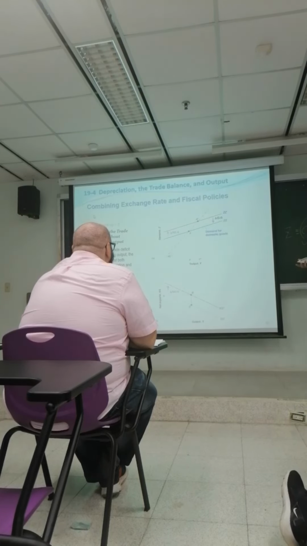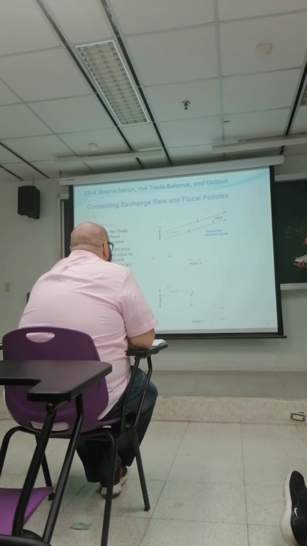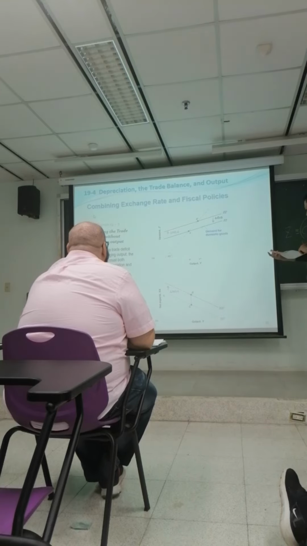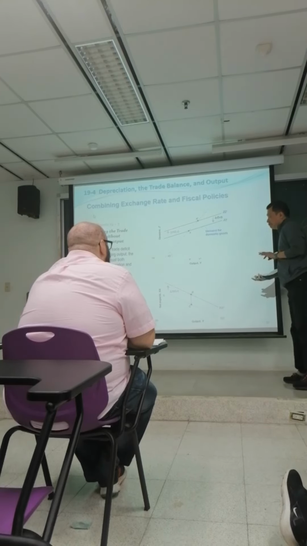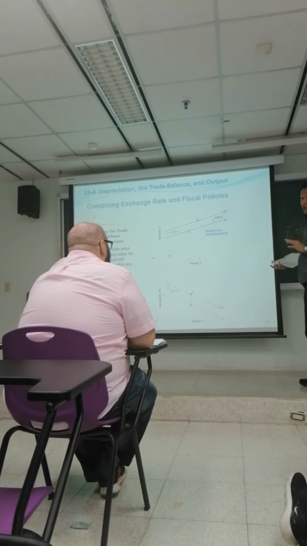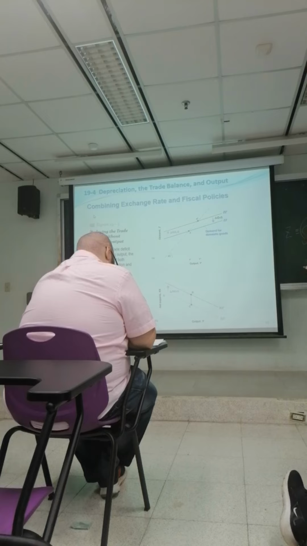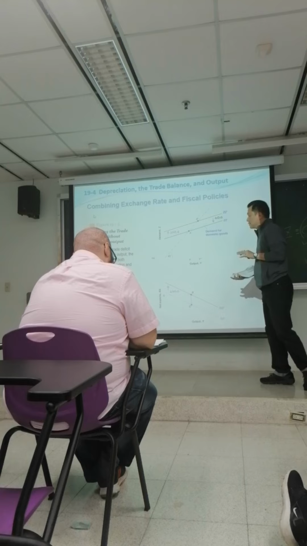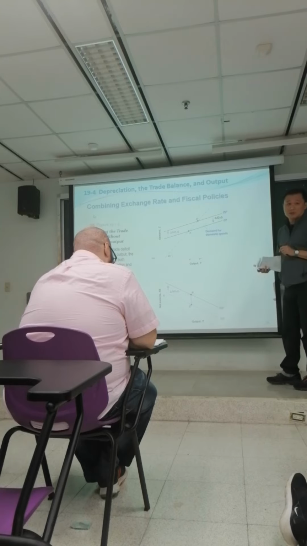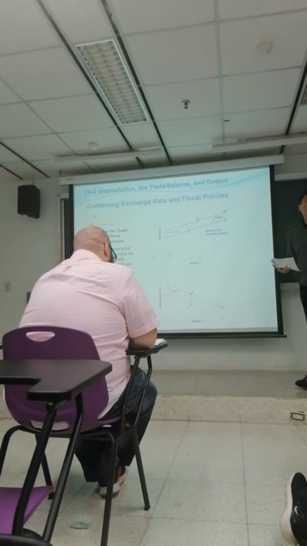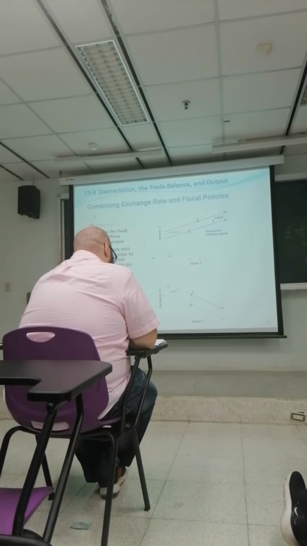Okay, now here, the exchange rate policy is the central bank doing something in the foreign exchange market. Okay, I'll talk about this later. So that epsilon falls. So the central bank is creating a real depreciation.